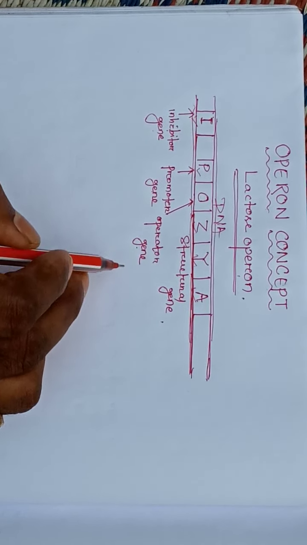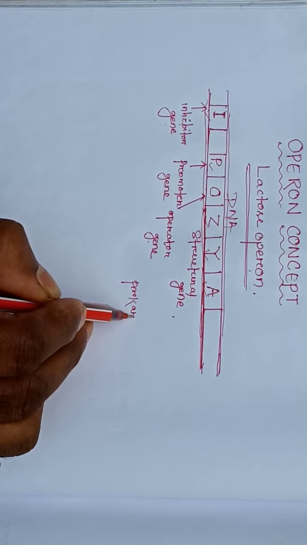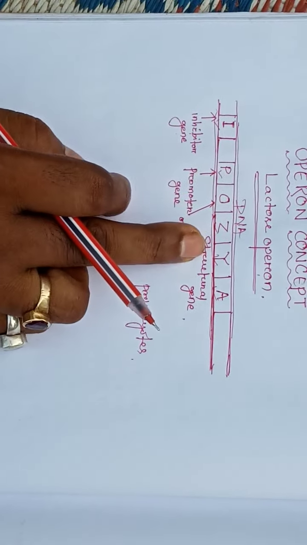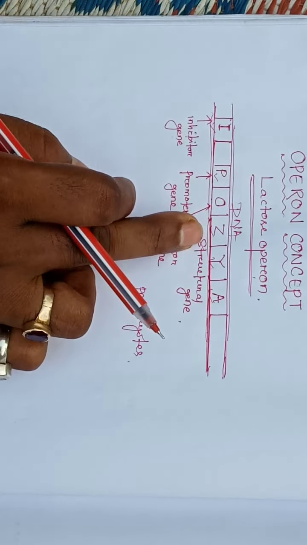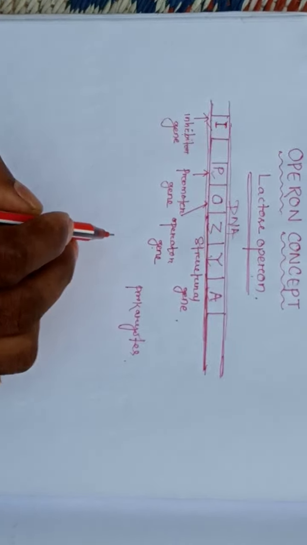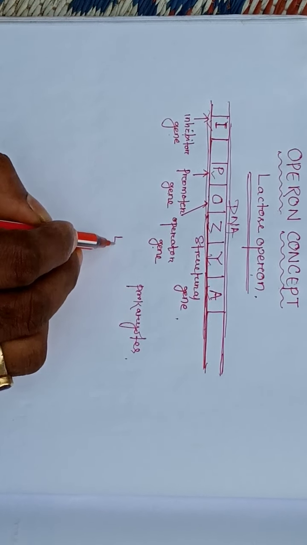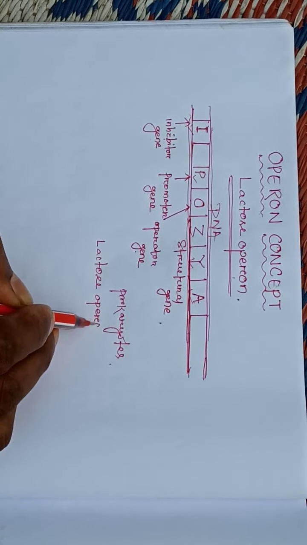These operon systems are common in prokaryotes, and the operon can also be defined as a group of coordinated genes which function together and regulate a metabolic pathway as a unit. The first operon system discovered was the lactose operon.